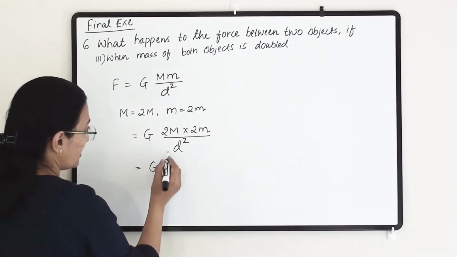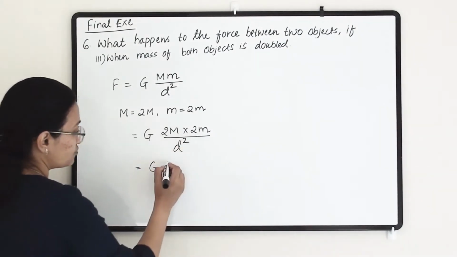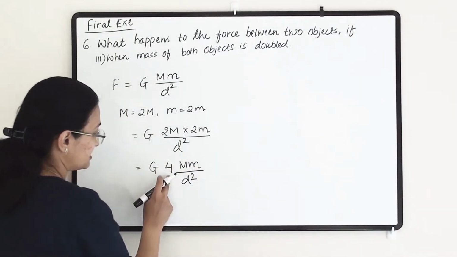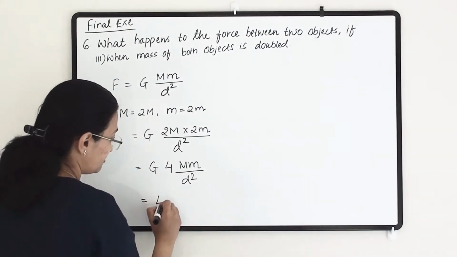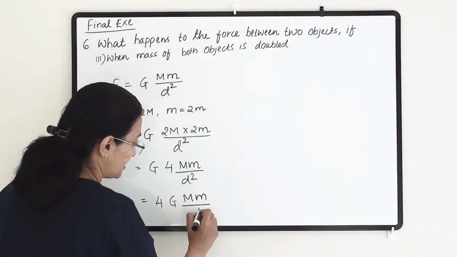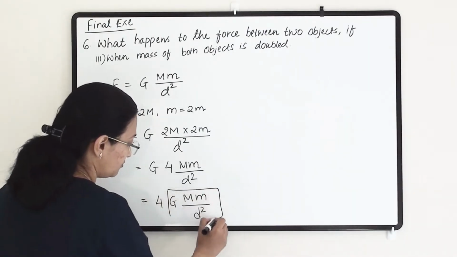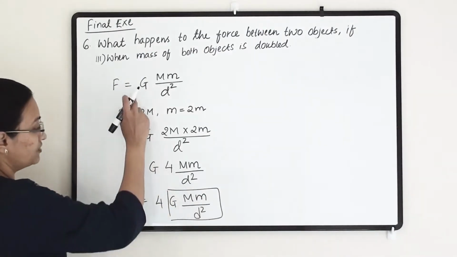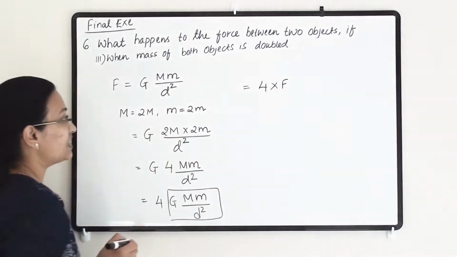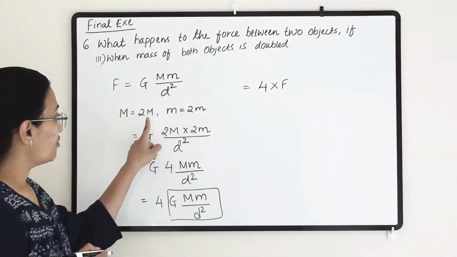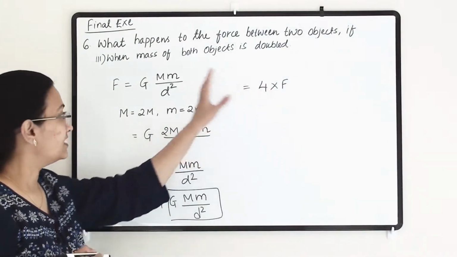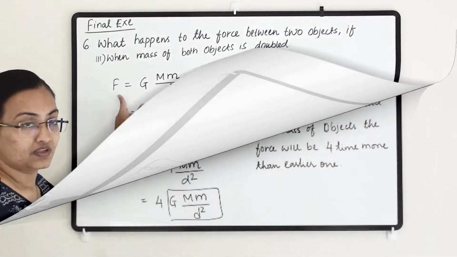So this 2 and 2 we can multiply. So we will get here 4 capital M small m divided by d square. Let us take out this 4. So we will get 4 G capital M small m divided by d square. So this is the formula of our force. So we can write here 4 into F. So when we double the mass of both of these objects, our force will be 4 times higher than that of the older one.